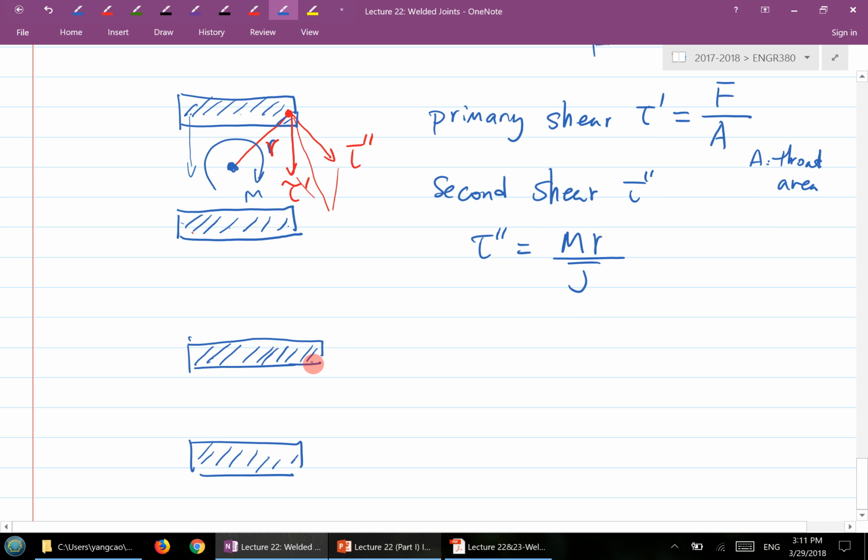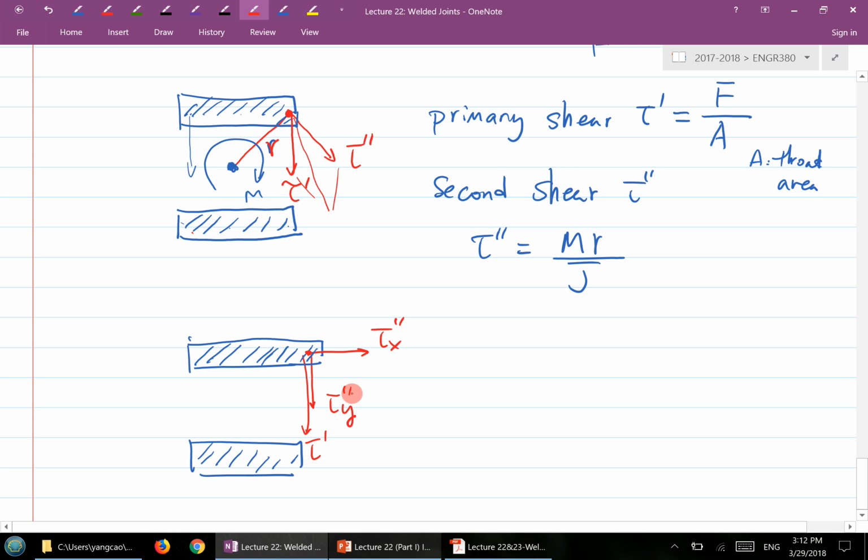I see the tau prime here. I'm going to separate the tau double prime into two different components at this location: tau double prime x here, and tau double prime y here. And then there's one more tau prime over here. One is horizontal, the other is vertical.